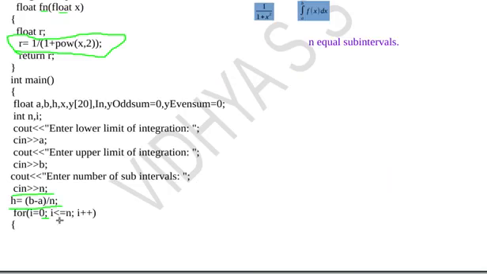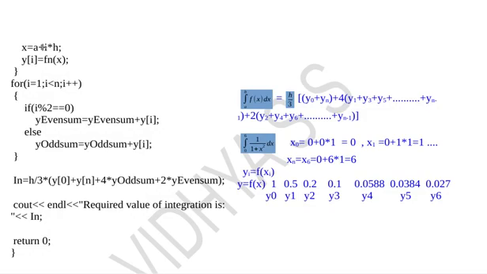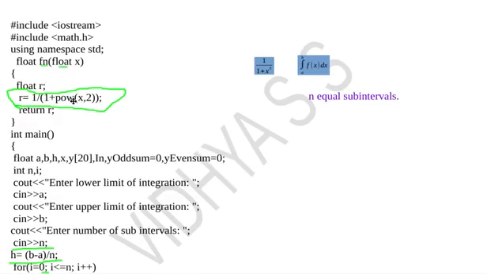So for the first time, the initial i value is 0. So it is calculated as x equal to a plus 0 into h. a is the lower limit. Then each yi is calculated by passing this x value to the function fn of x. fn of x is already defined here. First x value will be equal to 0.